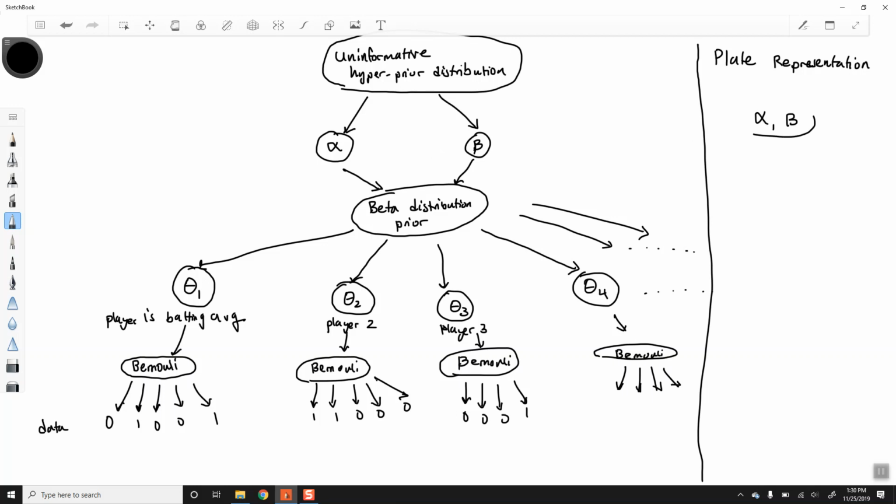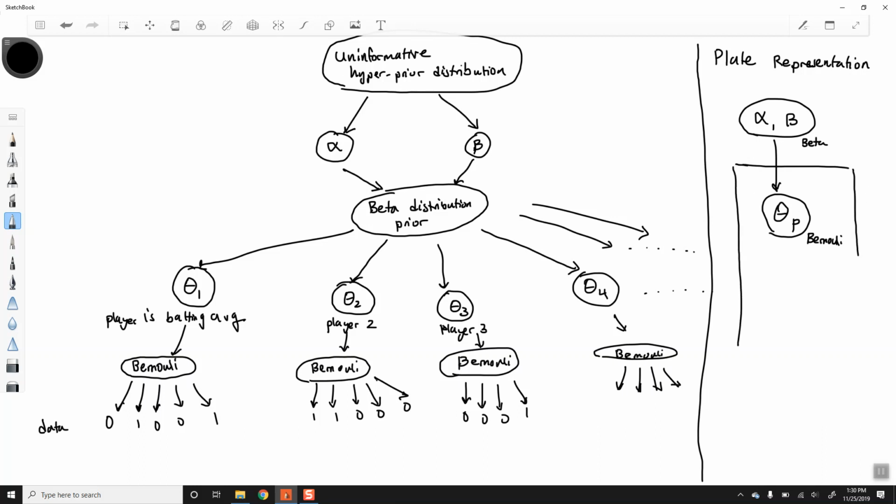So you have alpha and beta, and you might say this goes into a beta distribution, and this will generate some theta sub p used in a Bernoulli distribution.